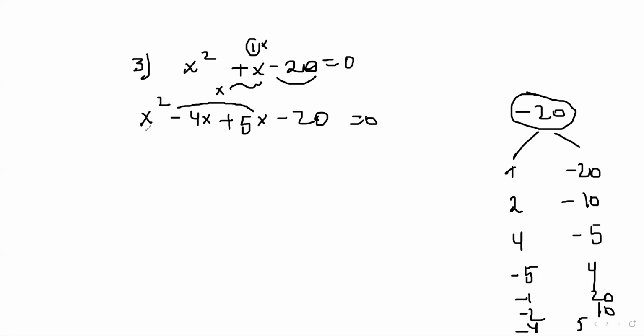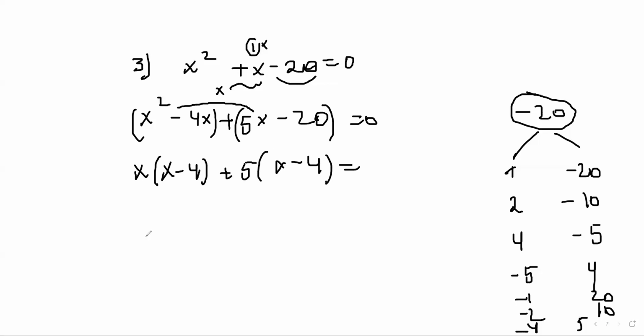So what happens next? From these two, we factor out x. It becomes x times (x minus 4). And from these two, we factor out positive 5. We get (x minus 4) equals 0. So again, x minus 4 is the common factor here.